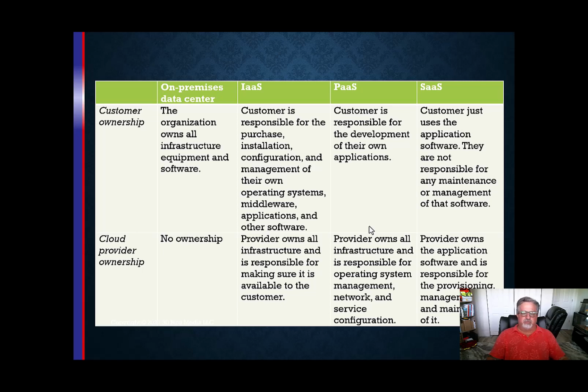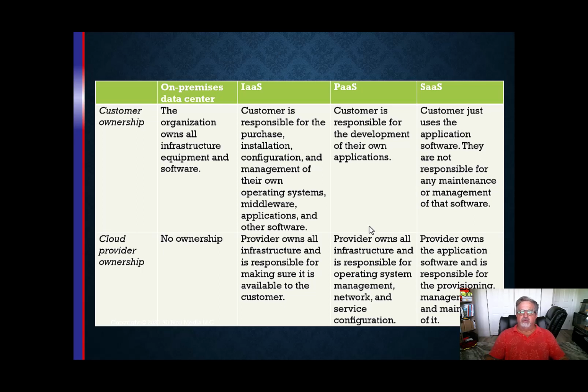The provider is responsible for making sure it's always highly available to the customer. Right? In a platform as a service environment, they're responsible for the operating system, the virtual machine, the network, the services, and all of your dev tools, whether it's Python, C#, XML, or dynamic HTML, whatever you're developing in. They're responsible for giving you all of that.